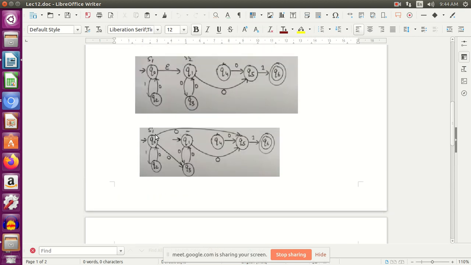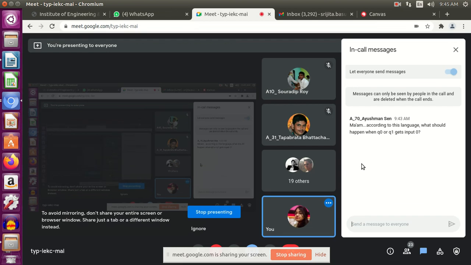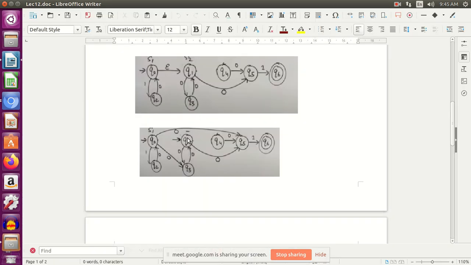So Q0, on getting input 0, would go to Q5. And Q1 gets 0, right? So Q1 also, when it gets 0, both Q0 and Q1, when they encounter a 0 transition, will move to state Q5.